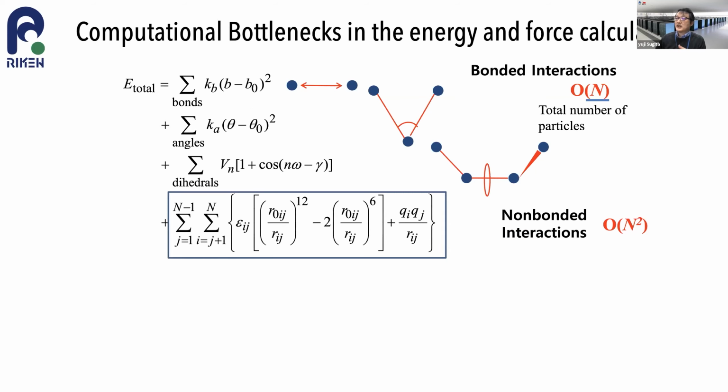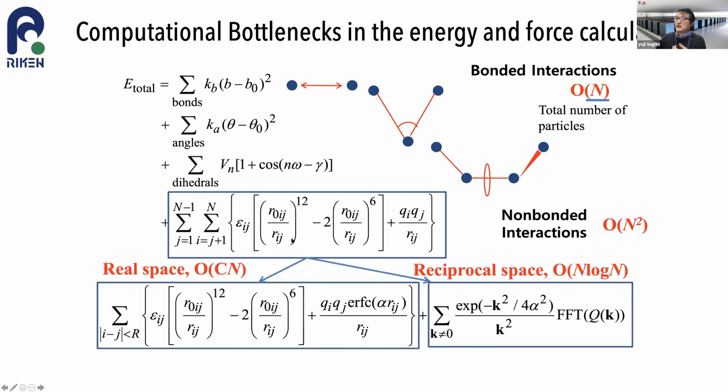But the most time-consuming part is the non-bonded interaction, because for bonded interactions the computational cost is proportional to the number of particles. But for non-bonded interactions, without any approximation, the cost is order n squared. So this is a very expensive calculation for us.